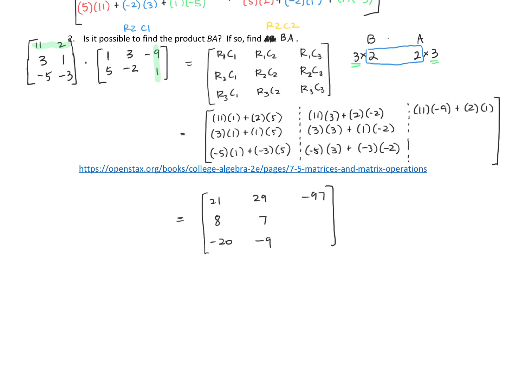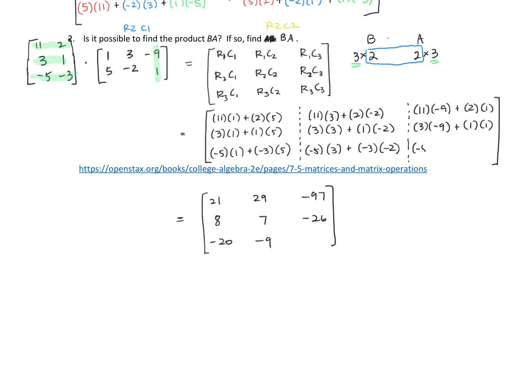Okay, now I want to find row 2 times column 3. And so that's going to give me 3 times negative 9 plus 1 times 1. So that will be negative 27 plus 1, so that'll be negative 26. And then finally, I want to do row 3 times column 3.